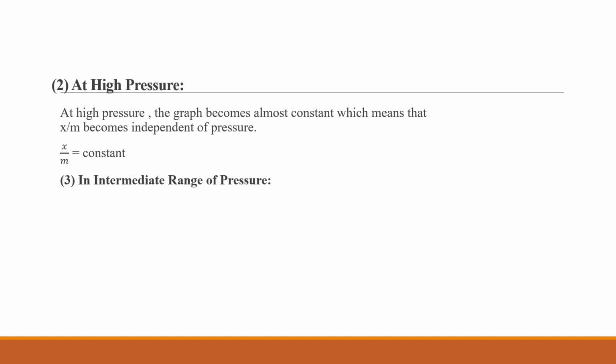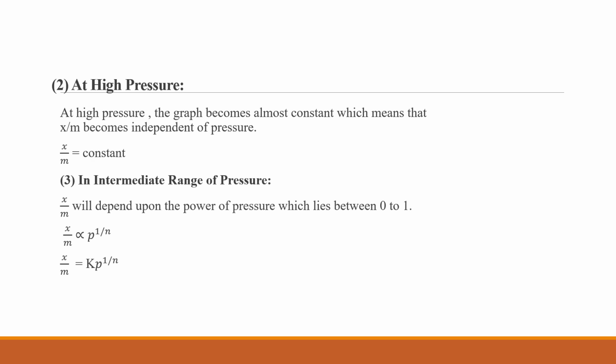And in the intermediate range of pressure, between low pressure and high pressure, what will happen? The extent of adsorption x by m will depend upon the power of pressure which lies between 0 and 1.